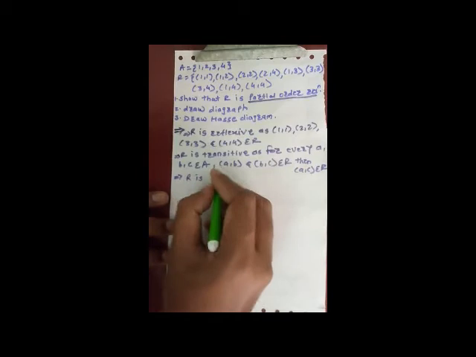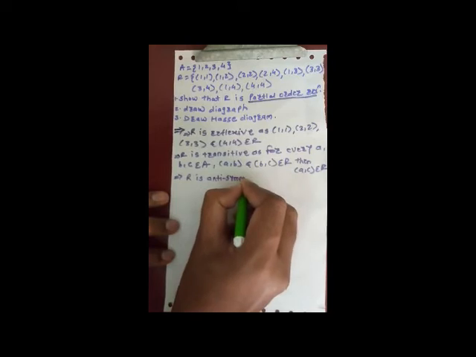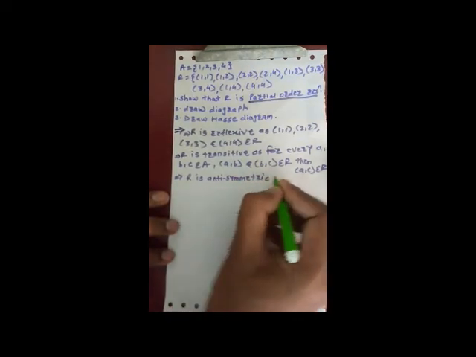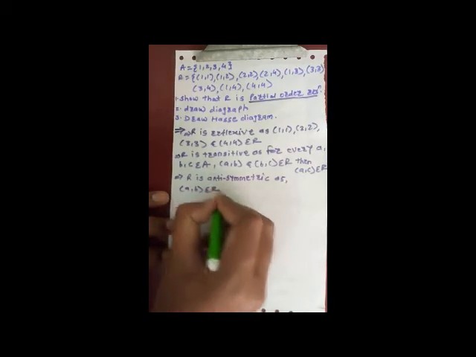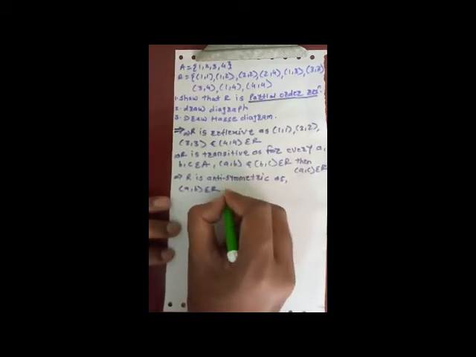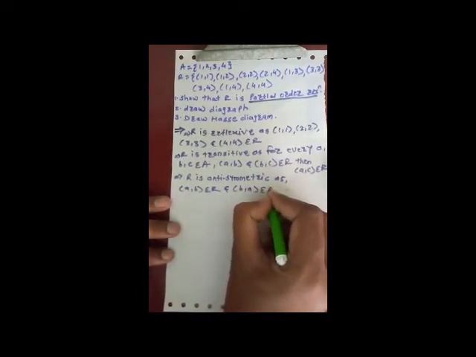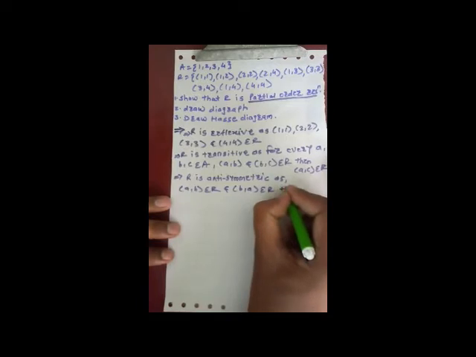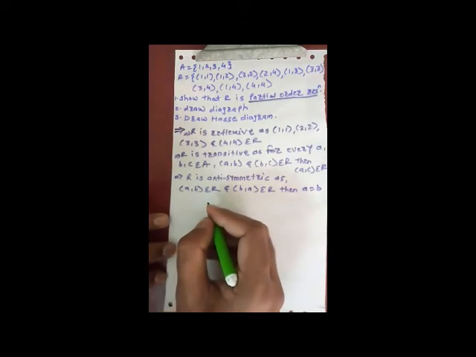And the third property is antisymmetry. Again R is antisymmetric, as it satisfies: if (a, b) belongs to R and (b, a) also belongs to R, then a = b, right.